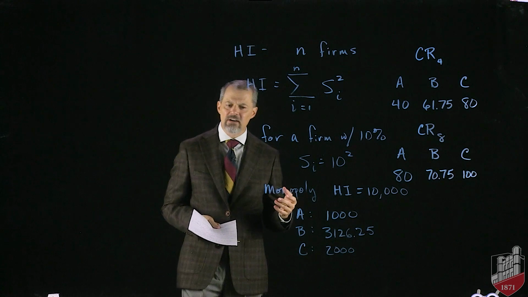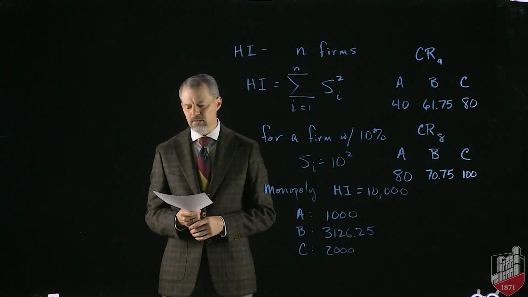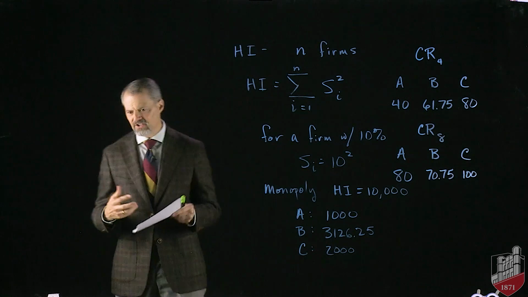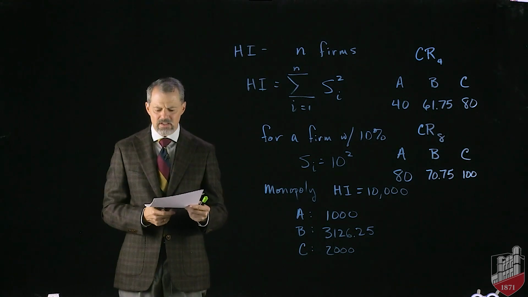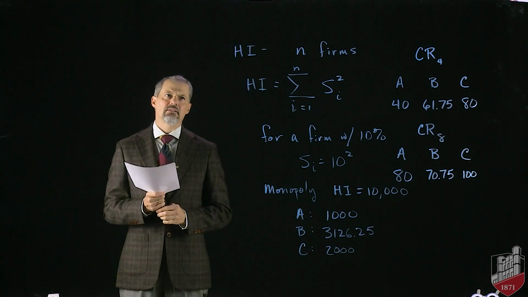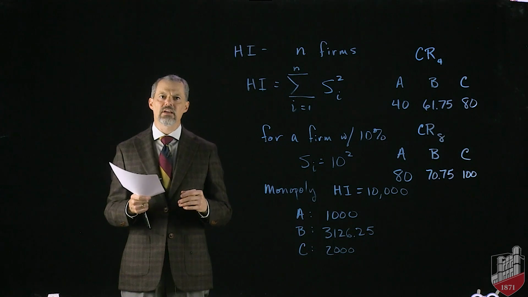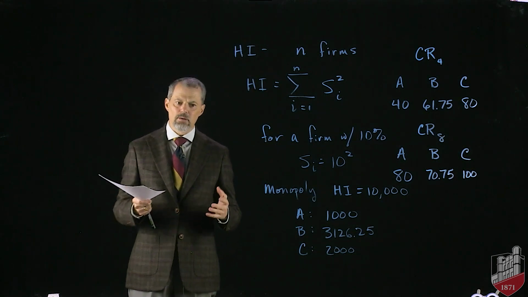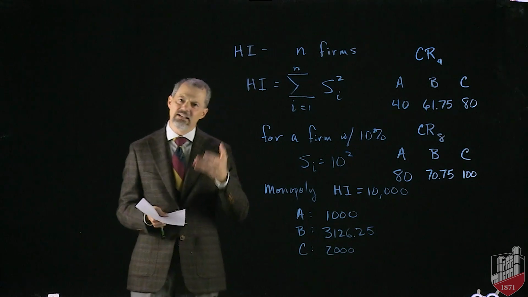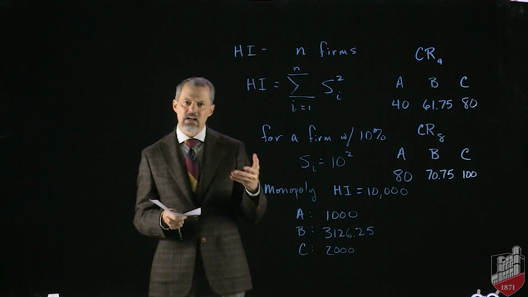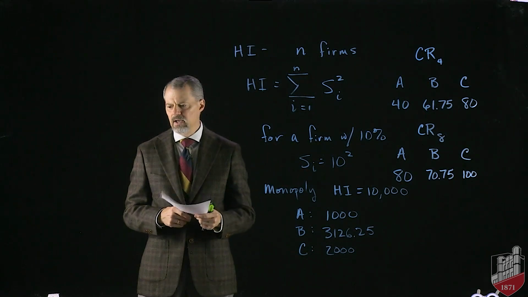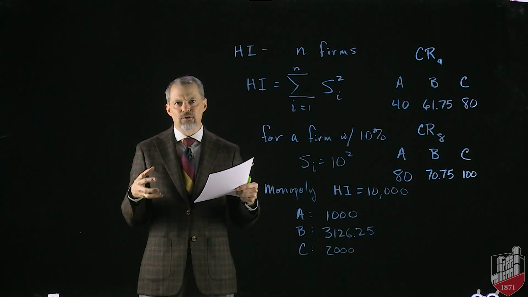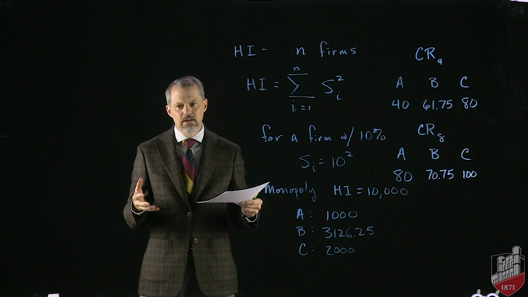Another issue that we have to think about is how we should define a market. So to calculate any of these, we have to first think about, well, what market are we talking about? And that can be very challenging. So if we think about a product like, say, Pepsi, and we try to say, okay, well, what market is Pepsi in? There's a lot of options there. We could think about Pepsi being a competitor in the market for carbonated beverages.